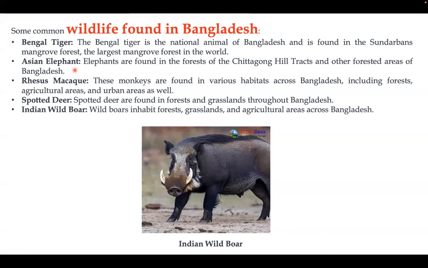If you have any chance to go there, you might have seen elephants roaming freely within the safari park. And we have the monkey, we have spotted deer, and another wild animal, the Indian wild boar. This is found in Sundarbans and in the hilly areas as well. And we have foxes as well as wild animals. I forgot to include that one here. So you can include the fox here.